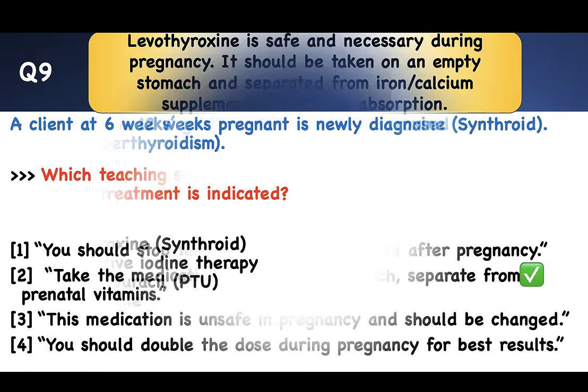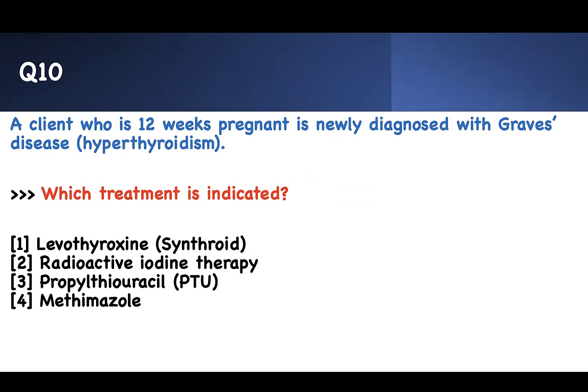And the last question. A client who is 12 weeks pregnant is newly diagnosed with Graves disease, hyperthyroidism. Which treatment is indicated? This is pharmacology. I want you to think endocrine pharmacology, in addition to maternal pharmacology, in the patient who is pregnant and is diagnosed with Graves disease.